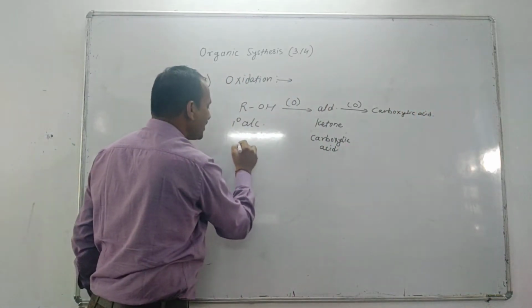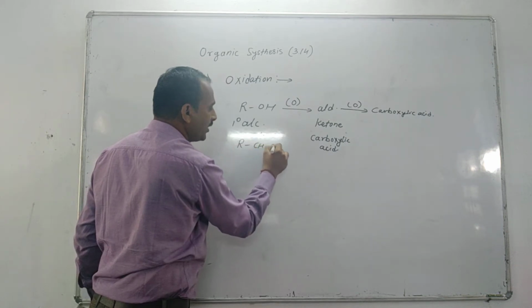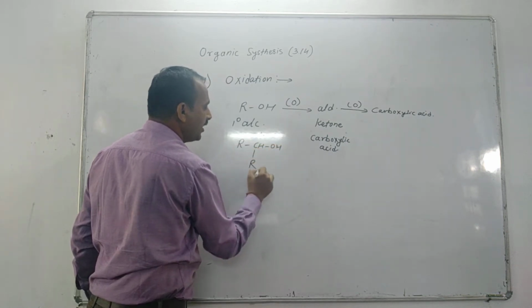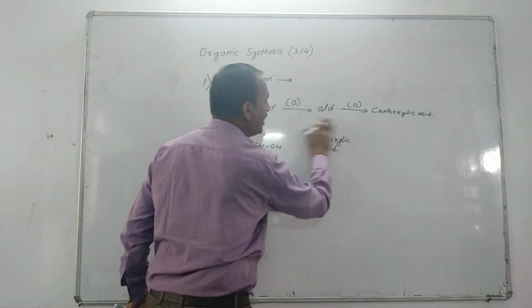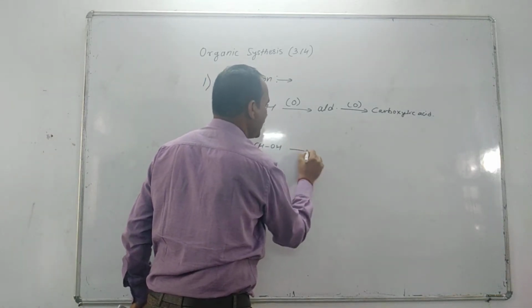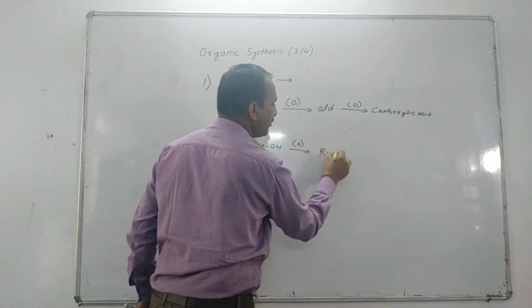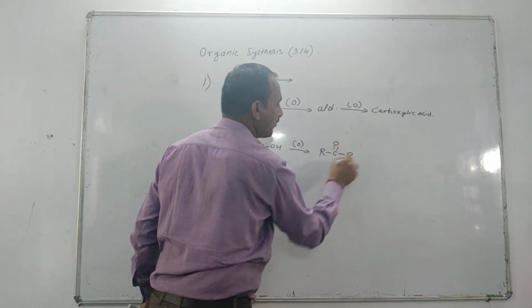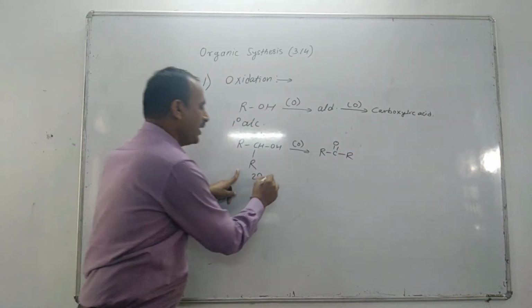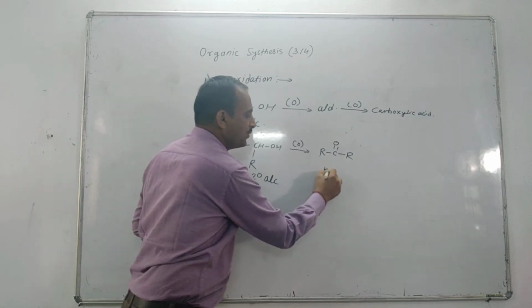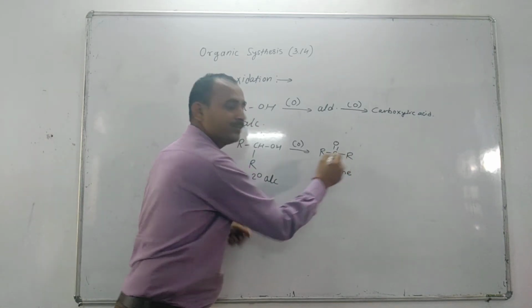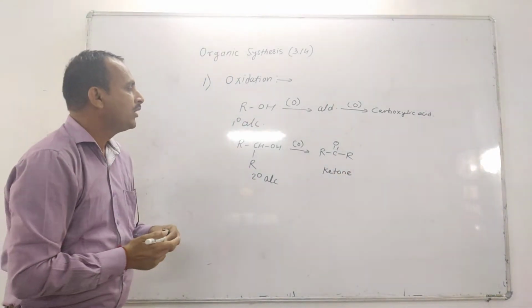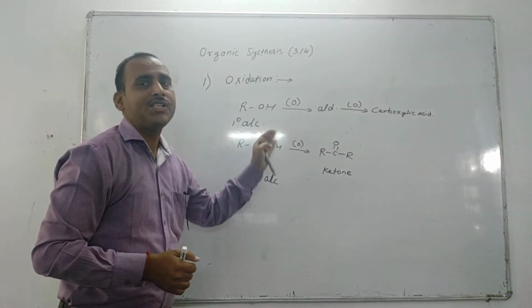And if there is a secondary alcohol, then this secondary alcohol is oxidized to ketone. So secondary alcohol is oxidized to ketone. Now what are the reagents?